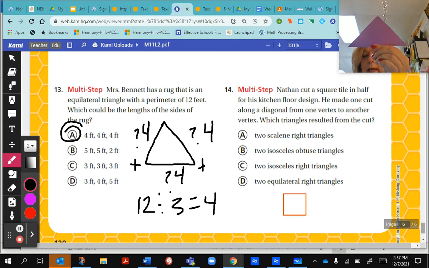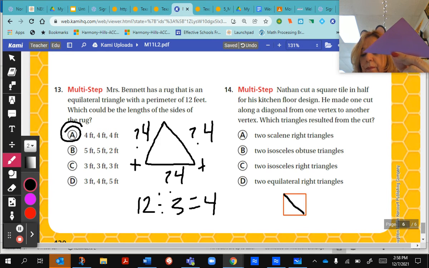Okay, so now looking at this one here, I'm going to cut right in half. Which triangles resulted from the cut? Well, remember that scalene means that no sides are equal. Well, that's not going to be right because I have a square, and what do I know about the square? All sides are equal, right?